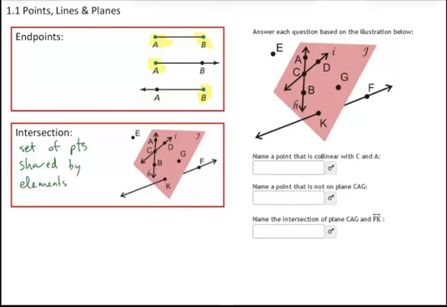And so one of the things that you are going to be asked to find, and it's pretty intuitive when you look at the diagram, is if you have two lines intersecting, the shared element is a single point. If you have a plane intersecting with a line, that intersection can be a single point.